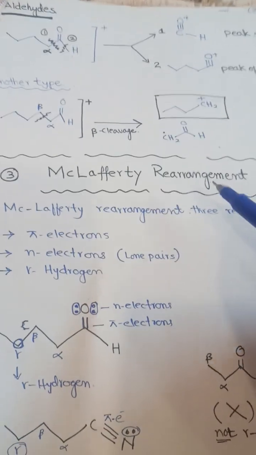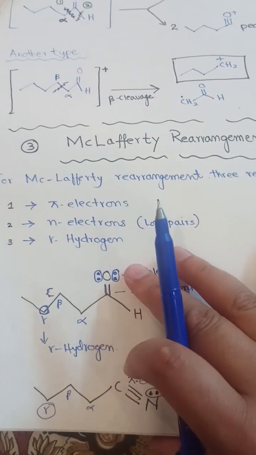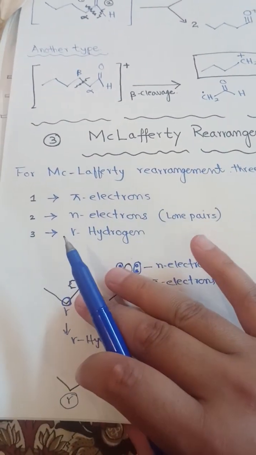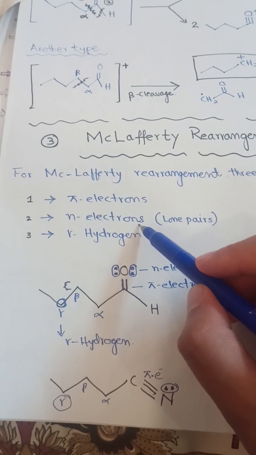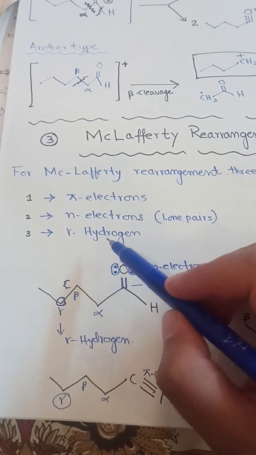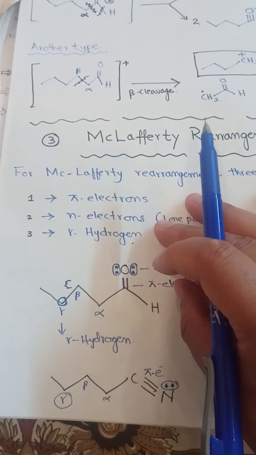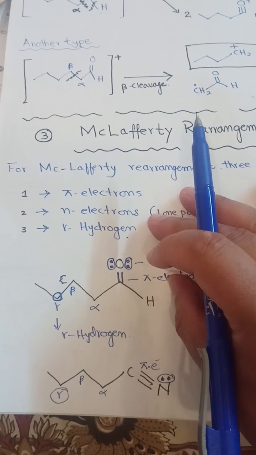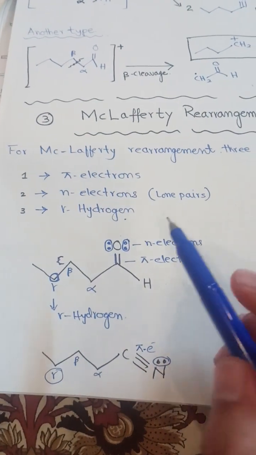Now we are going to discuss McLafferty rearrangement. In McLafferty rearrangement, there are three requirements which should be present: pi electrons, non-bonding electrons, which are also called lone pairs, and gamma hydrogen. If these three conditions are present in aldehydes, ketones, or carboxylic acids or their derivatives, then we will get McLafferty rearrangement.